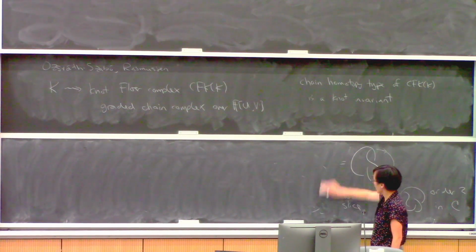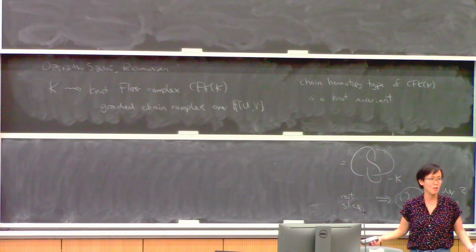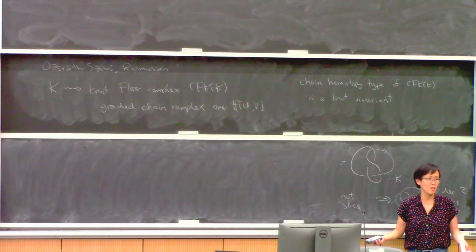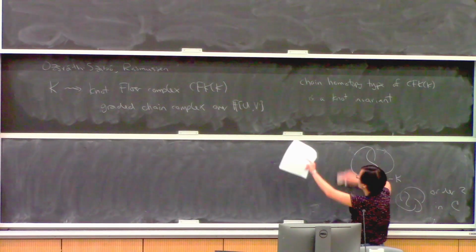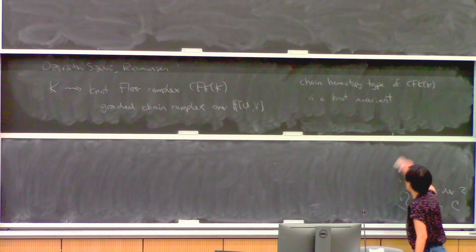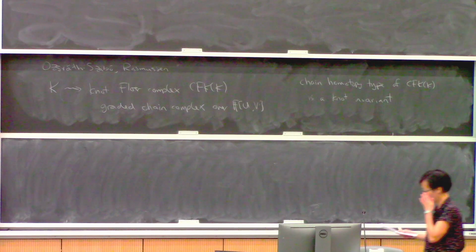But if you have an algebraic object, you can look at it up to isomorphism, or you can look at it up to some weaker notion of equivalence. And if you look at this algebraic gadget up to some weaker notion of equivalence, then it is going to be a concordance invariant.